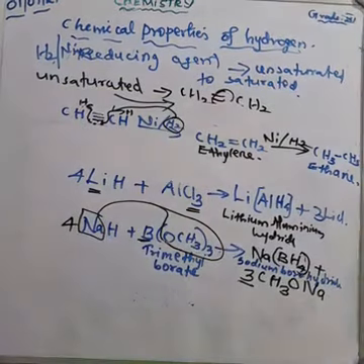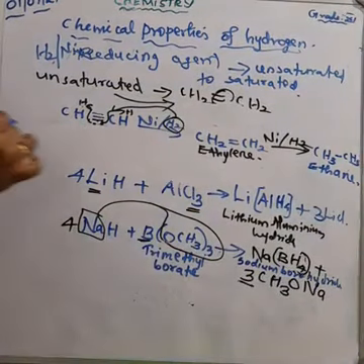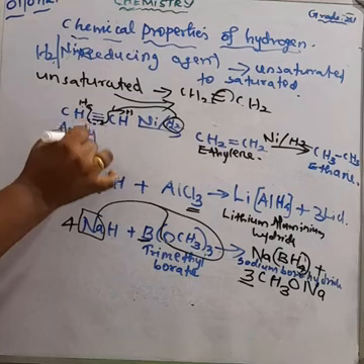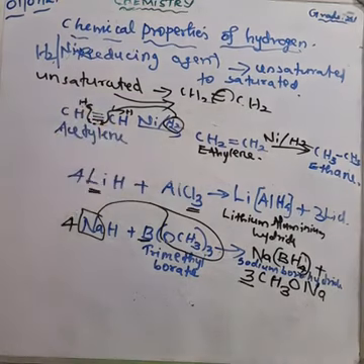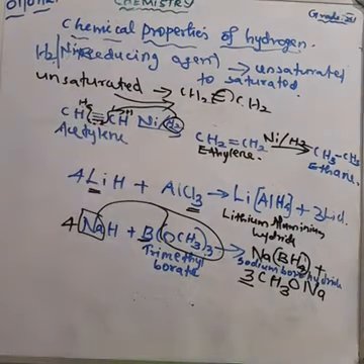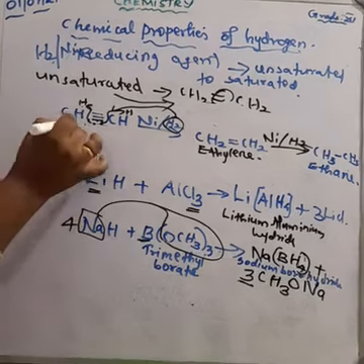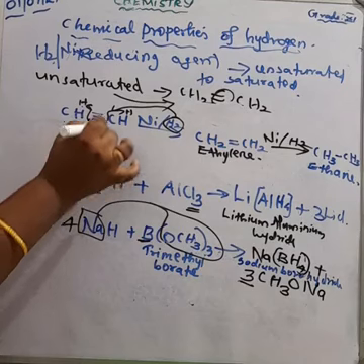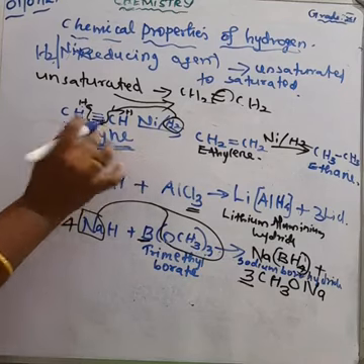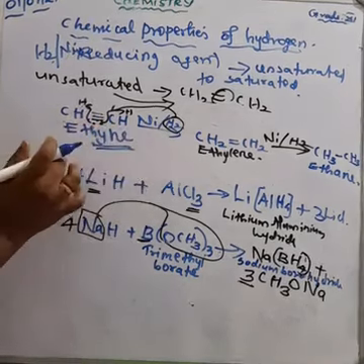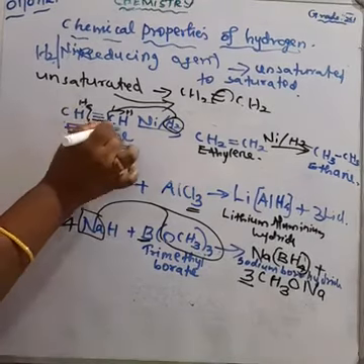Acetylene, otherwise we call it ethyne, means a triple bond. When a triple bond is present, the name ends with YNE. Two carbon atoms means eth-.